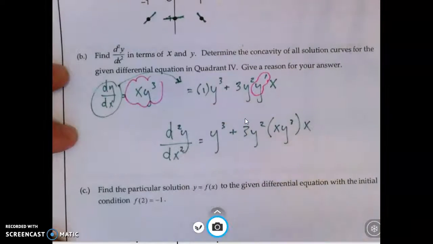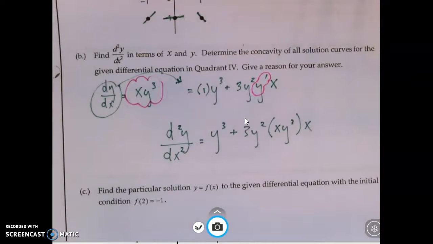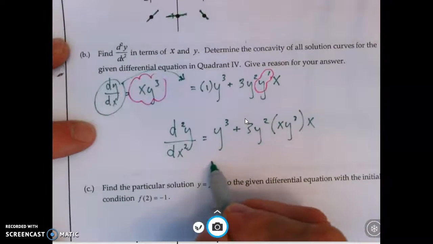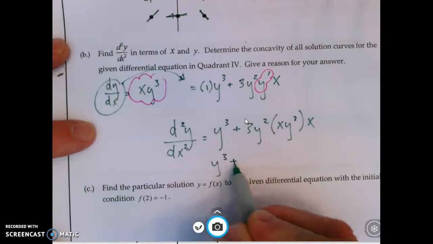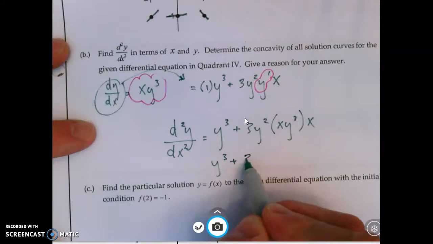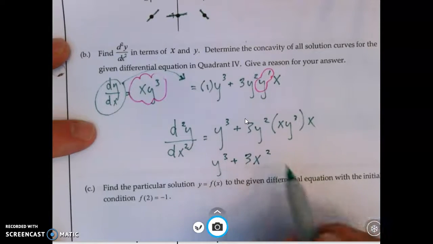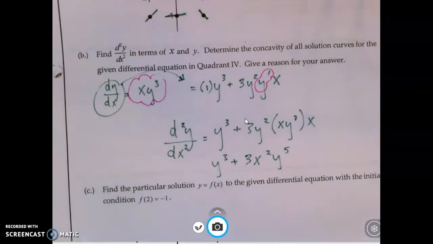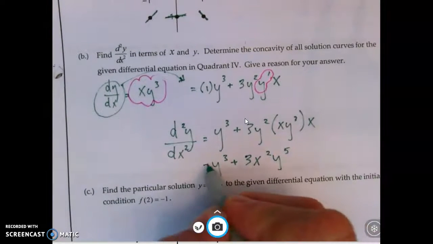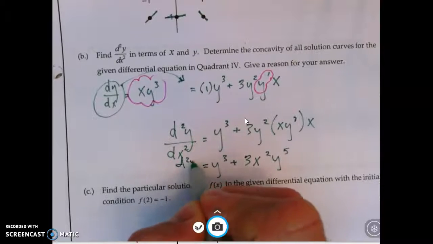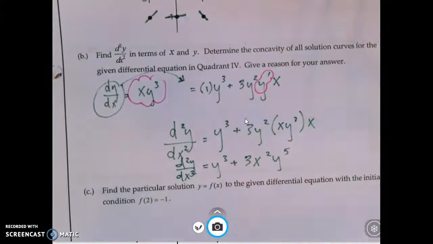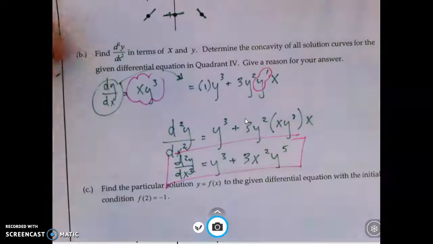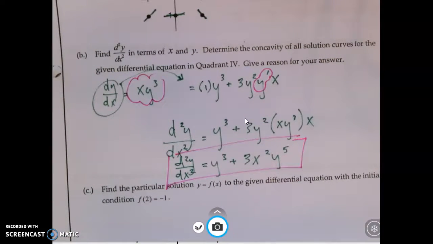So I'm going to rewrite this whole thing here, and then simplify a little bit. And there you go. And there's your second derivative.